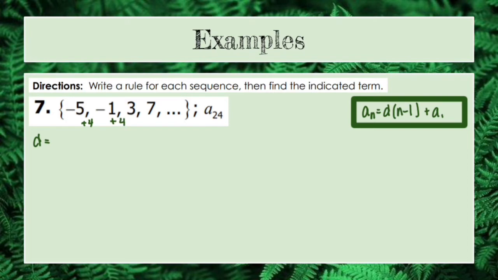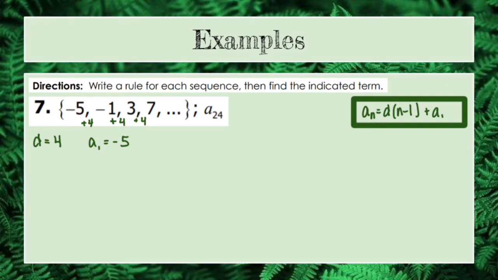Then we added 4 again and added 4 again. For these questions, they should all be arithmetic sequences, so they should have a common difference. So d in this case is equal to +4. Then a sub 1 is just the first term, which is -5.